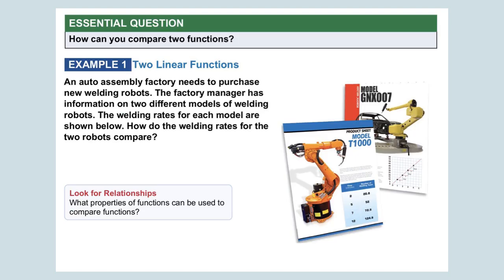I want to start by looking at this essential question, and this is about how can you compare two functions? There's really two things that I want you looking at. I want you looking at the slope. Sometimes the book is going to call it the rate of change. And I want you to look at the y-intercept.